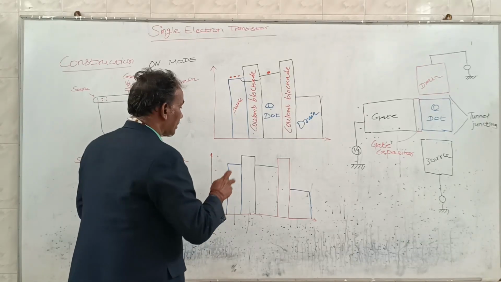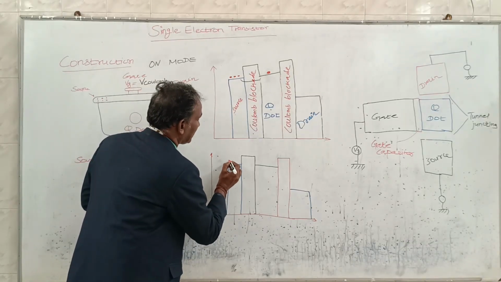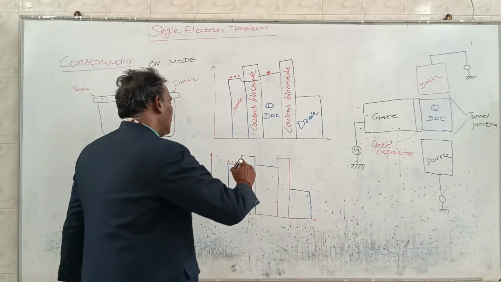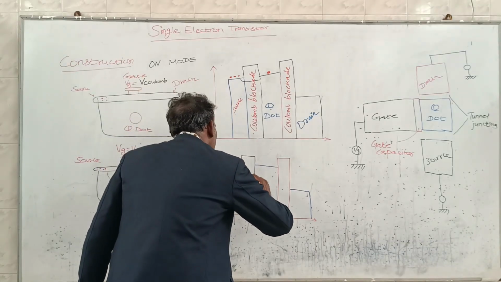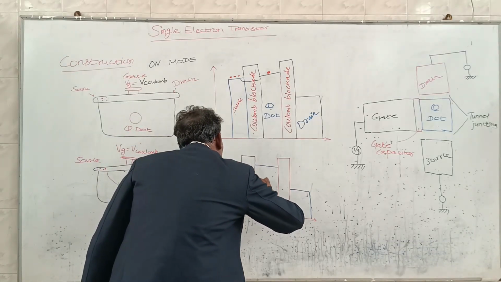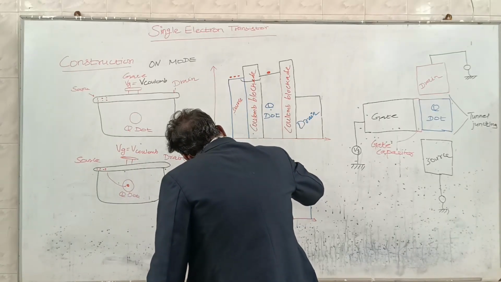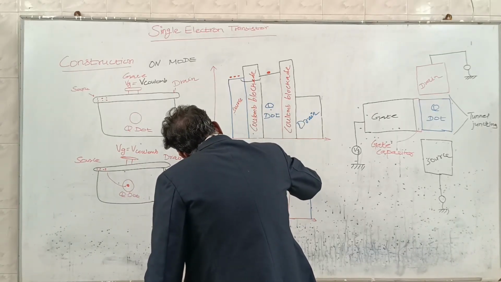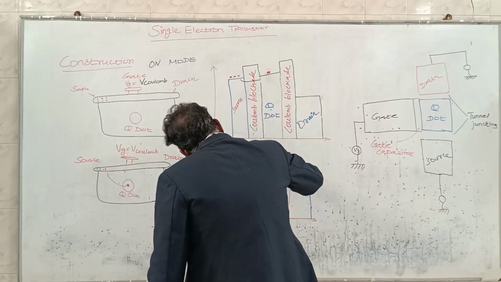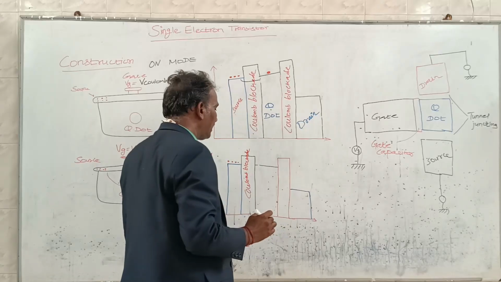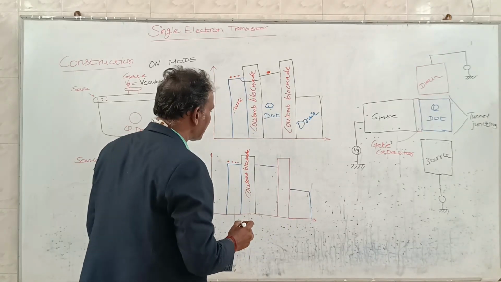So this is the source. As we discussed earlier, electrons are available in the source, and next to the source we have a Coulomb blockade, which is used to prevent the movement of the electrons.